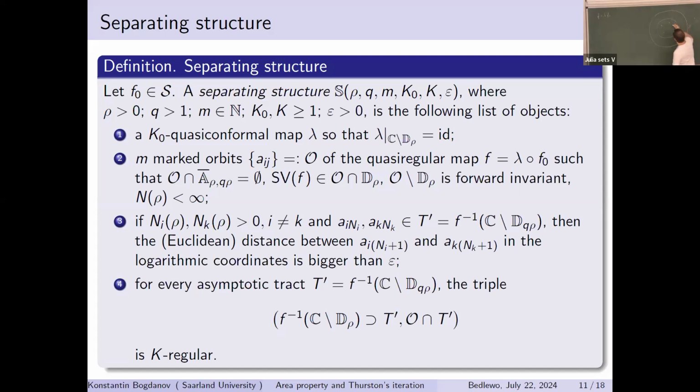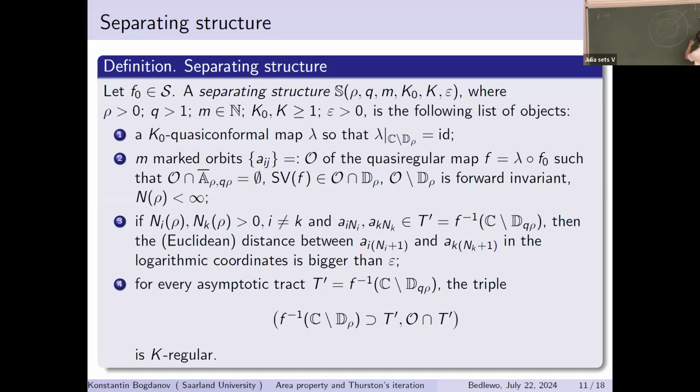If it happens that two points of such type belong to the same tract, then in the logarithmic coordinates there should be some distance between the images of these points, N_i plus 1 and N_k plus 1.